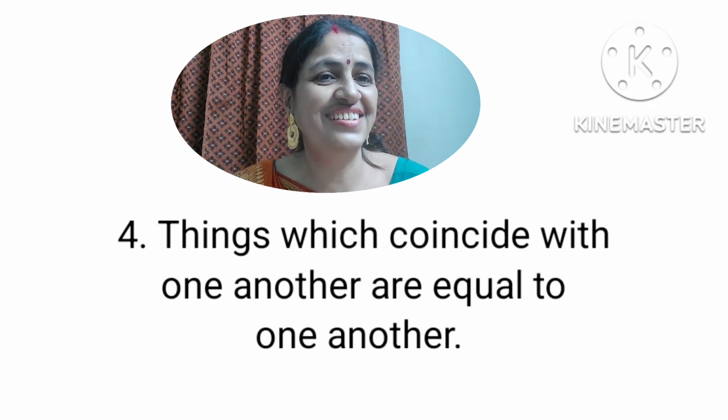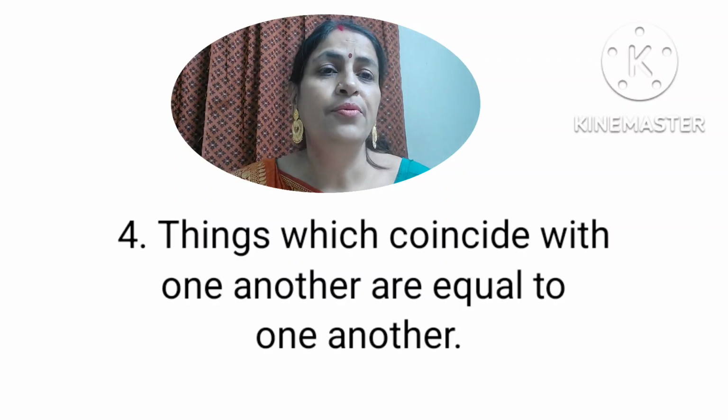Now, next axiom. Things which coincide with one another are equal to one another. What is coincide? Coincide means overlap. If we draw a straight line and draw another straight line overlapping that line, then both straight lines are of equal length.